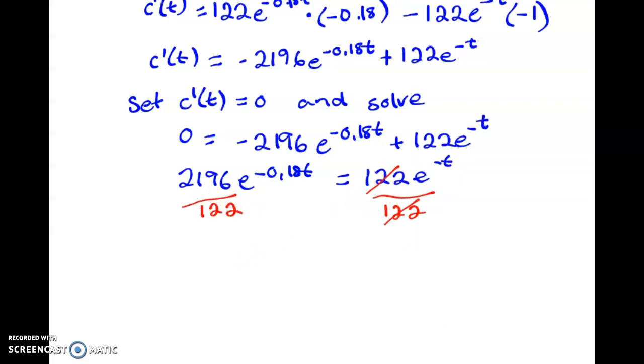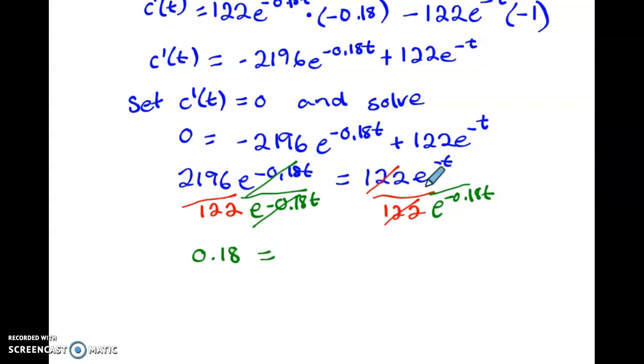And then similarly, I'm going to divide both sides by this e term, and that's because that will get rid of it on the other side. So it would cancel there. On this side, we are left with 0.18, which is what that simplifies to.